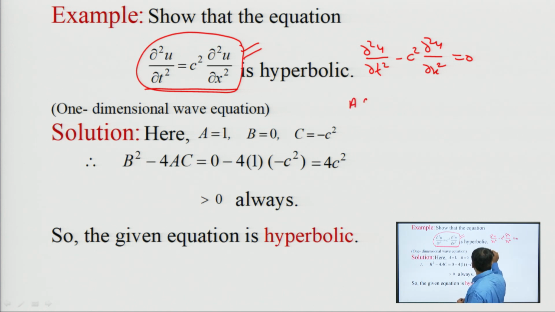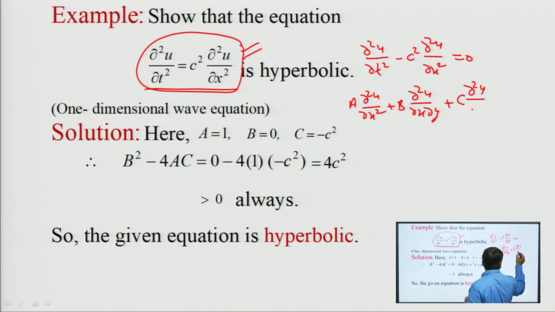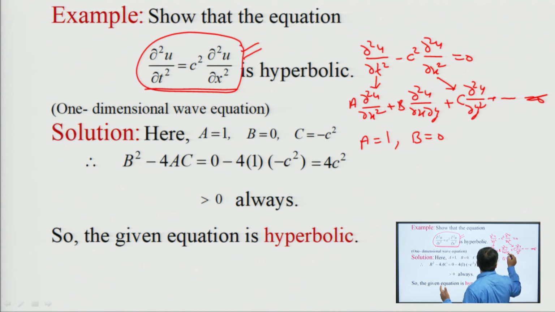If we compare this with A del 2 u by del x square plus B del 2 u by del x del y plus C del 2 u by del y square plus the rest equal to 0, then with t as x and x as y, clearly a is equal to 1, b is equal to 0, because there is no mixed second order derivative term with respect to x and t, and c is equal to minus c square.